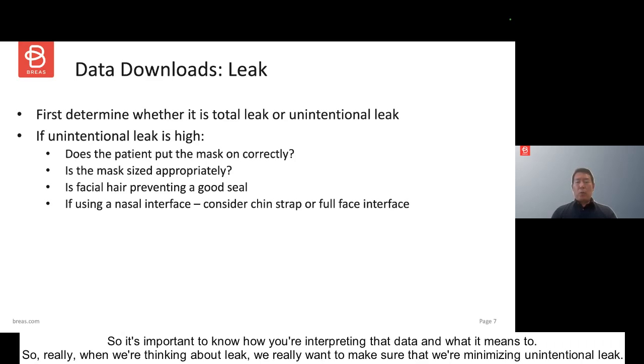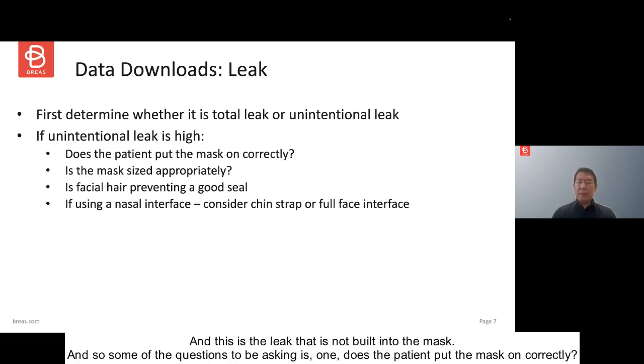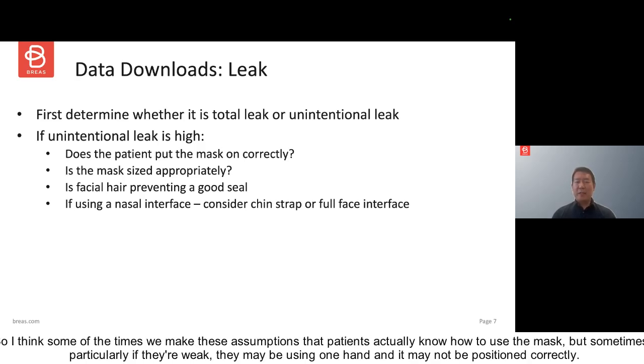So really when we're thinking about leak, we want to make sure that we're minimizing unintentional leak. And this is the leak that is not built into the mask. Some of the questions to be asking: one, does the patient put the mask on correctly? Sometimes we make these assumptions that patients actually know how to use the mask, but sometimes, particularly if they're weak, they may be using one hand and it may not be positioned correctly.